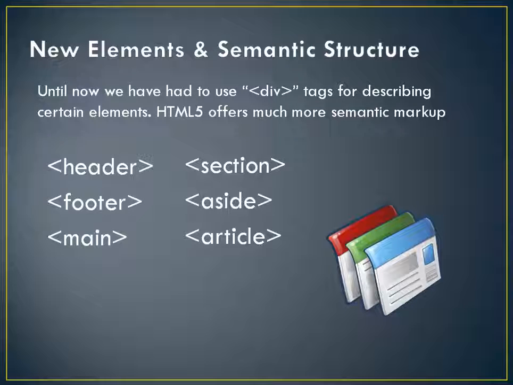Section is more for separate smaller pieces of content. Aside is mostly used for sidebars, basically your sub content. And then article can be used, for instance, in a blog. You could have the post wrapped in an article tag. All right, and there's much more of these. I suggest going on the W3C website and checking out all of the elements that are available.